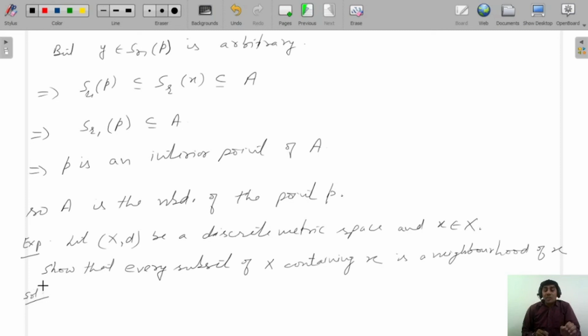We want to prove that every subset of capital X containing small x is the neighborhood of small x.